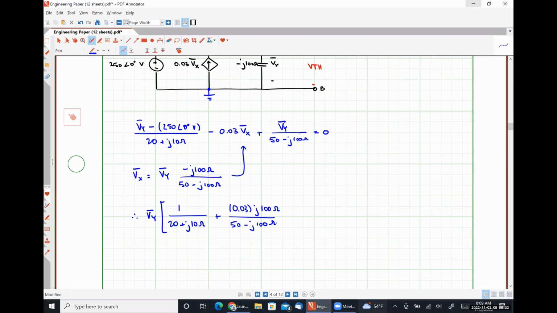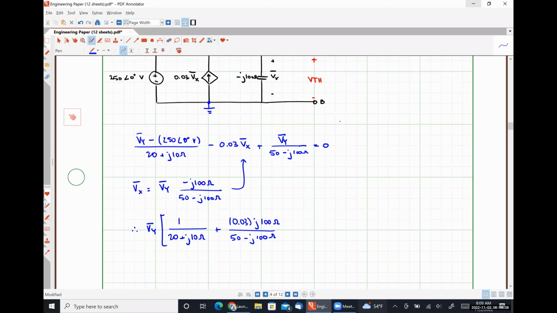Over here on the left, I have 1 over ohms, but the units of the 0.03, because they are converting a voltage to a current, are amps per volt or 1 over ohms. So it's the same units on the left term as it is on the middle term, just a way for me to make sure I'm doing this correctly.